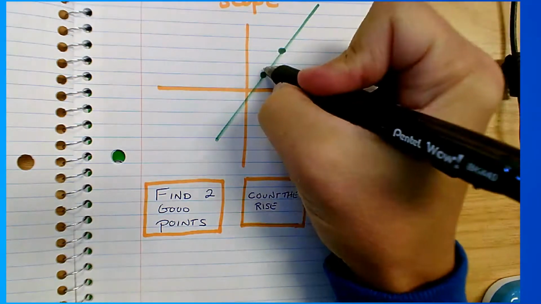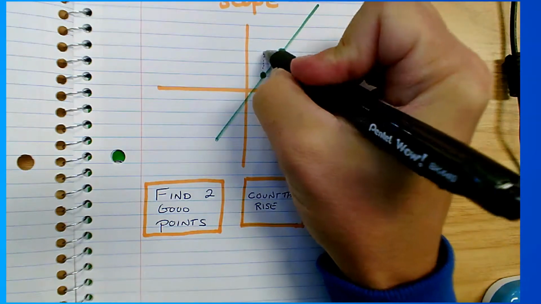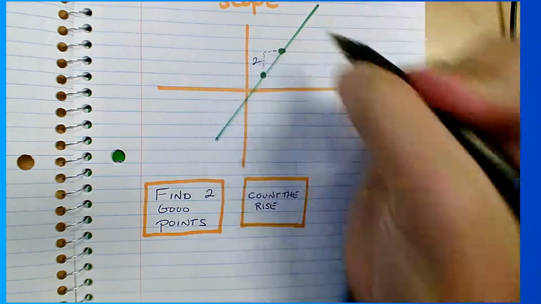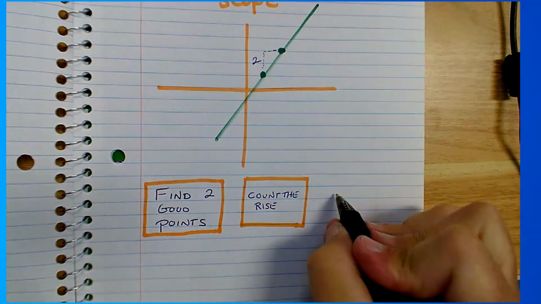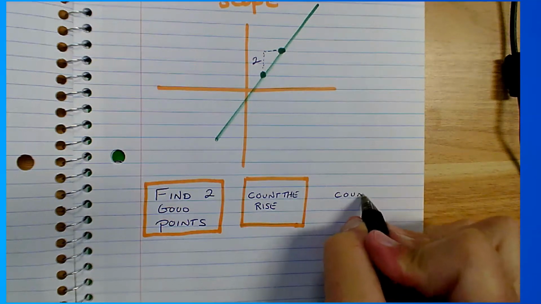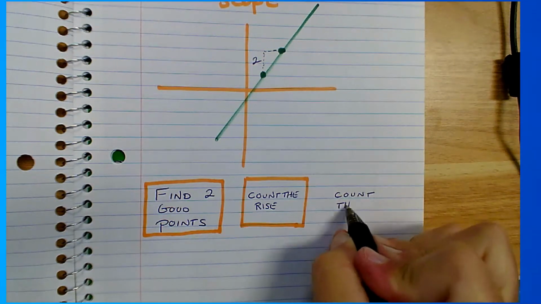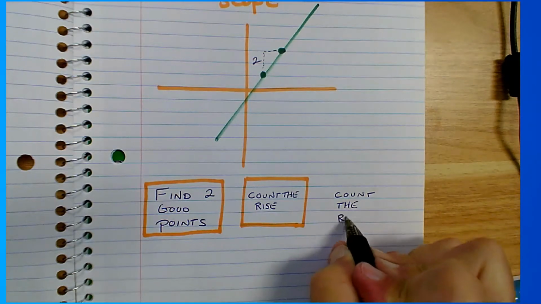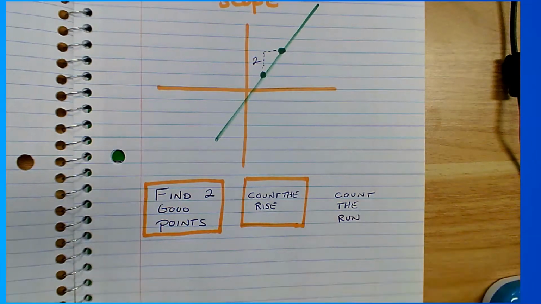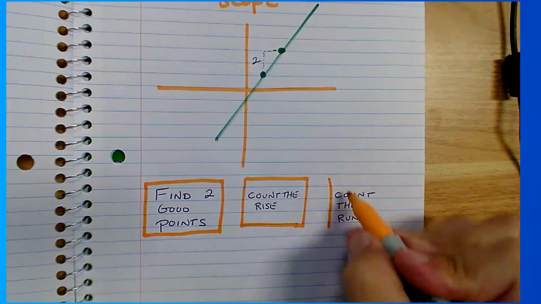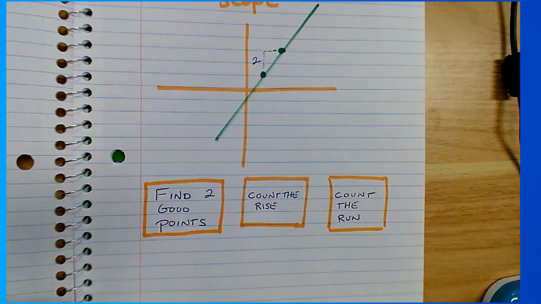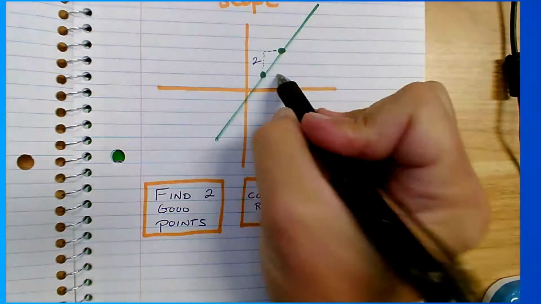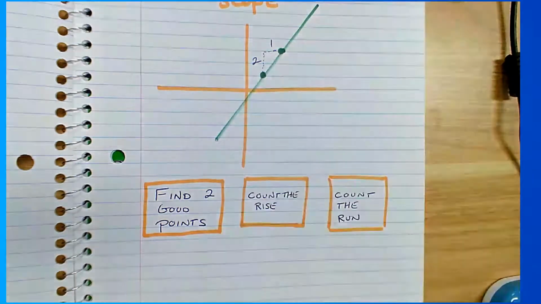Now for this one, I know it should be on graph paper. It's not, but I'm going to say that the rise is 2. Next, I'll count the run. So the run between the points is 1.